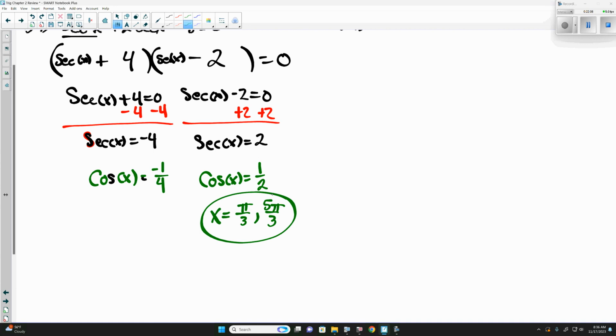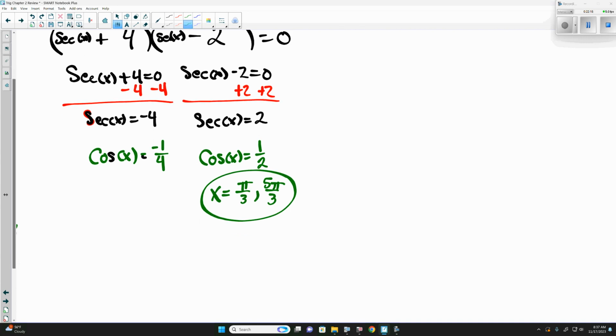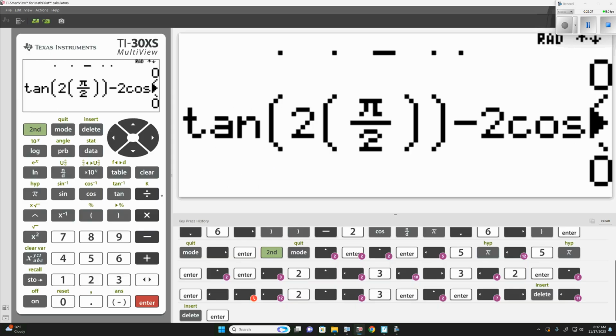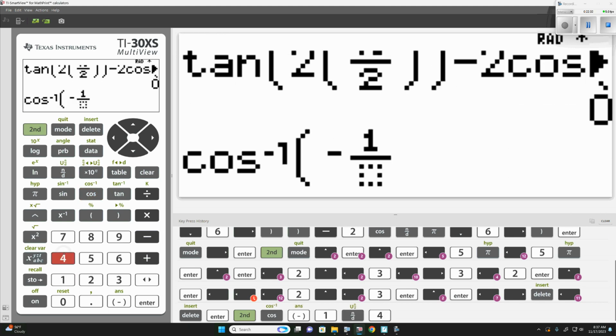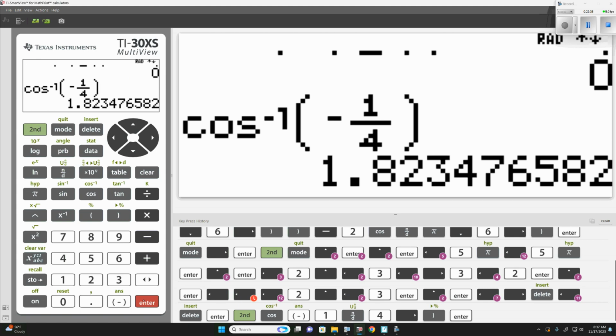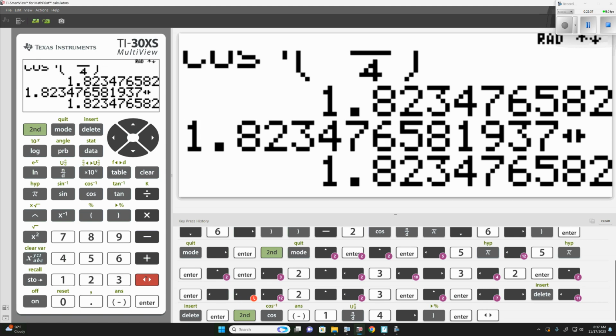Now the other one, and I believe the review sheet says negative 1/4, is going to be arc cosine of negative 1/4, or cosine inverse. As we get this here, it's not even a rational number.